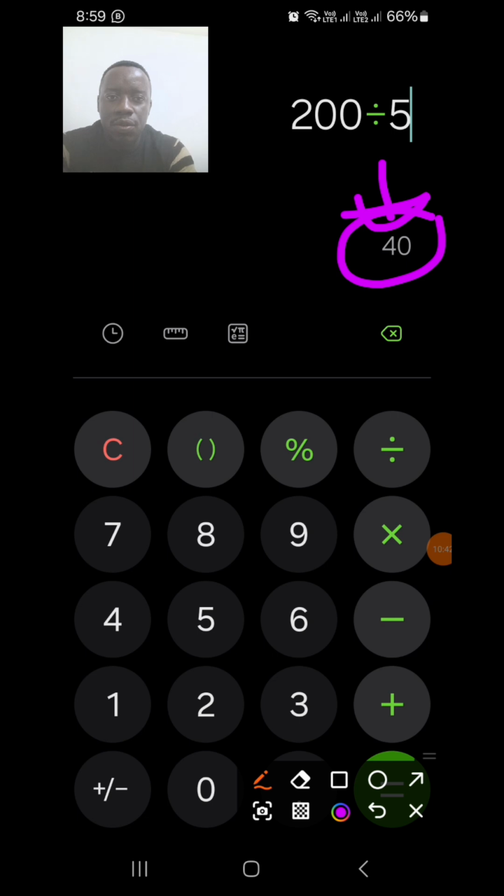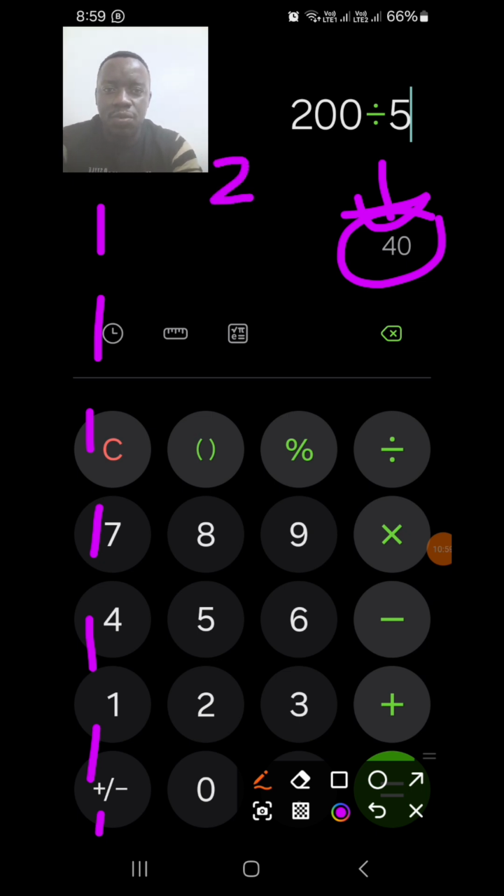So it means you're going to set your call drop 1, 1, 1, 1, 1, 1 up to 40 times. Maybe you can reduce it to 30 if you want. If you say 40 is big, you can reduce it at least to 30.